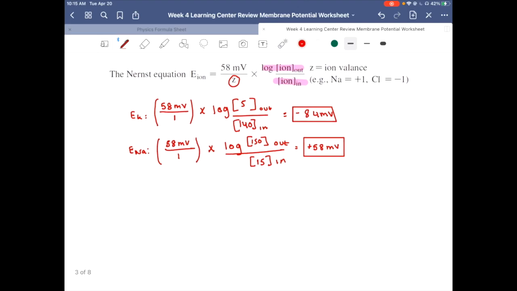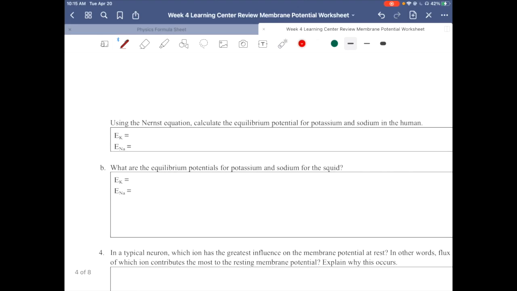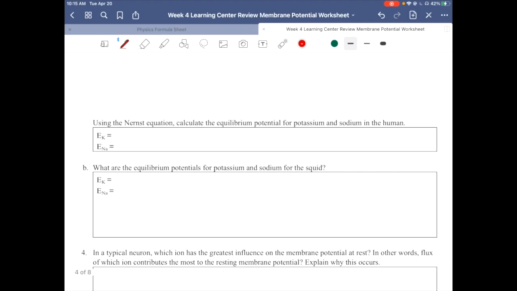All right, I'm going to do a similar problem. This is the one we just did, I did it on the other page, so it's asking for the human. But now we're going to be looking at it for the squid. So again, the same concept. We have 58/1 times log of 20 over 400, and these values are from the chart that was given to us earlier.